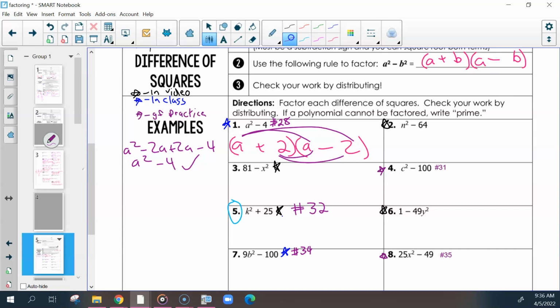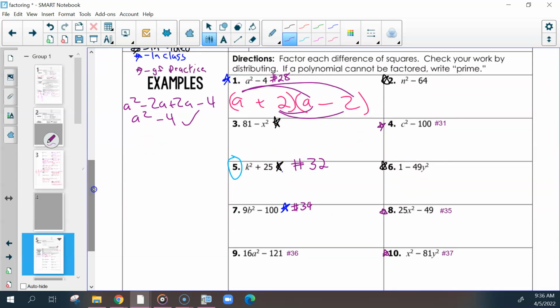Yes, it should always be both the same. Sometimes the order is switched. You won't always have the variables first. That doesn't matter. You just have to make sure the order you write them is the same. So what I mean by that is 81 is a perfect square, x squared is a perfect square.